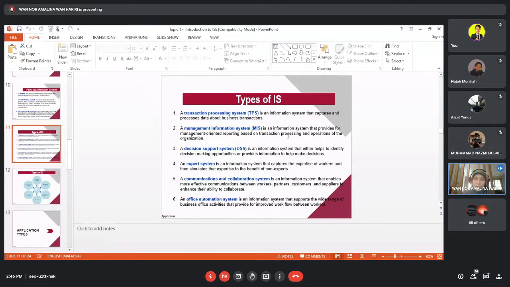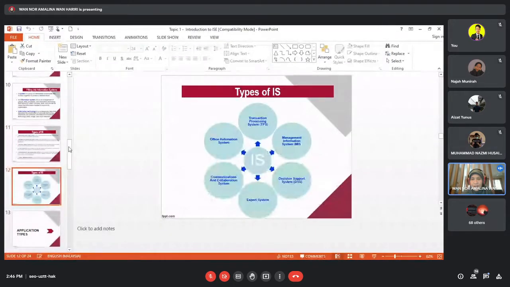Tak apa, you tengok dahulu bahawa ini adalah types of information systems that are available in the outside world. Right? Ada expert system, ada communication and collaboration, and also ada office automation. All right. So this is just a diagram to show that information systems and the types of them.